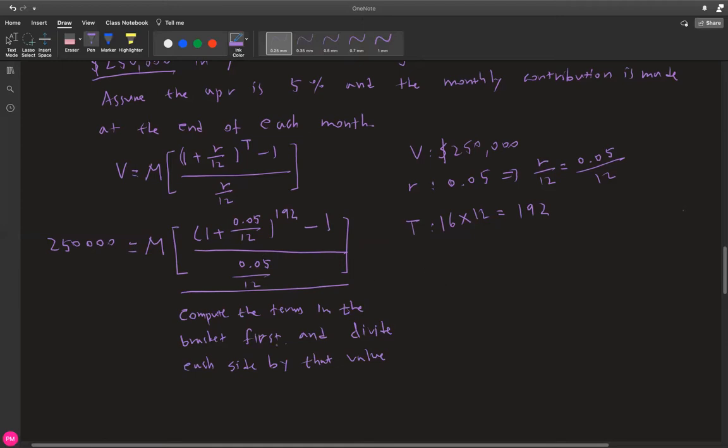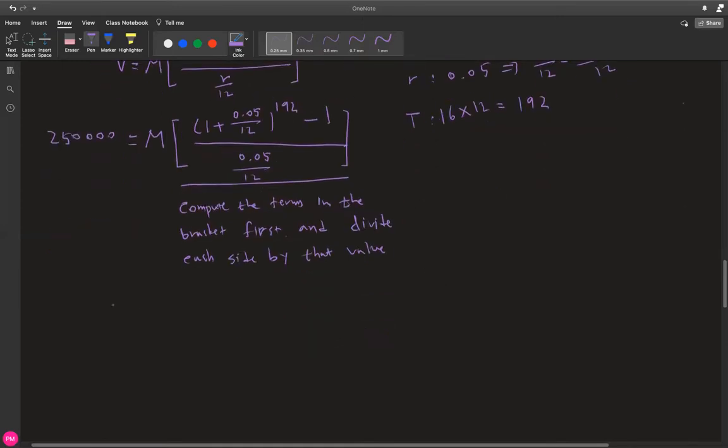So that way you would actually end up with M equals 250,000 divided by the bracket amount. Obviously, you would have to do this on a calculator. Otherwise, it's going to be a very long calculation for you.